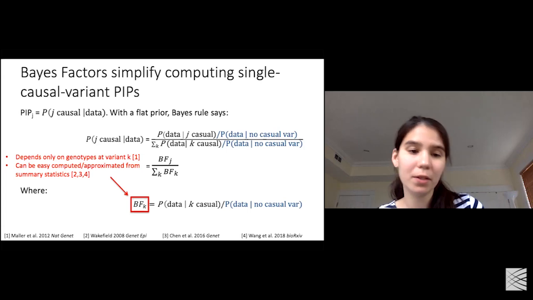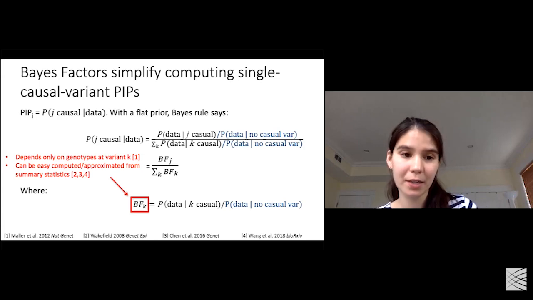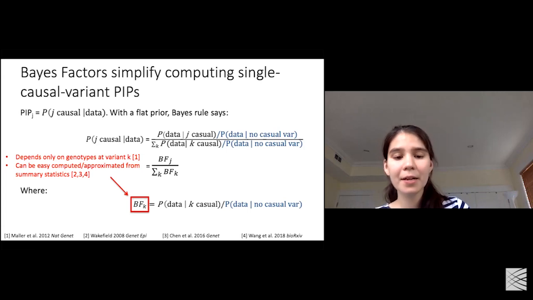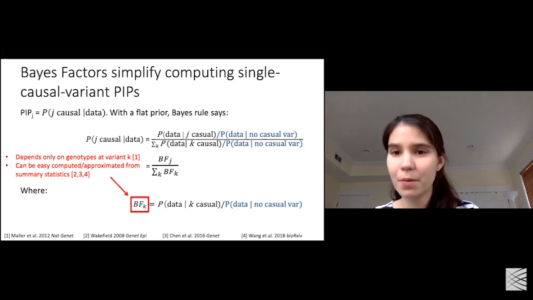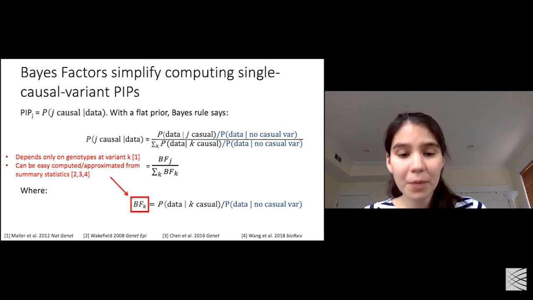You only care about what the genotypes are at that particular variant. And then Wakefield and others showed that this Bayes factor can in fact be computed or approximated, depending on the model that you're fitting, from summary statistics.